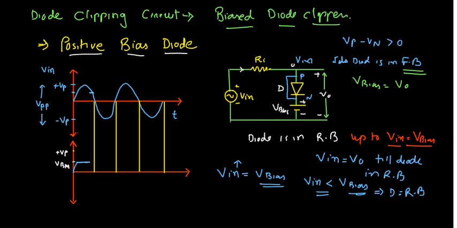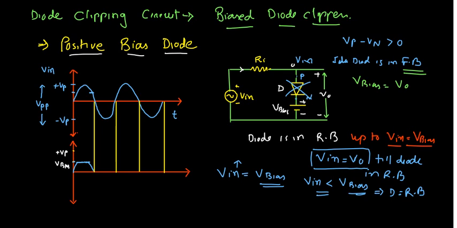So when this D is reverse bias, what will happen? It will act as an open circuit. Once again we know that whatever our V input is, it is going to appear at the output side.